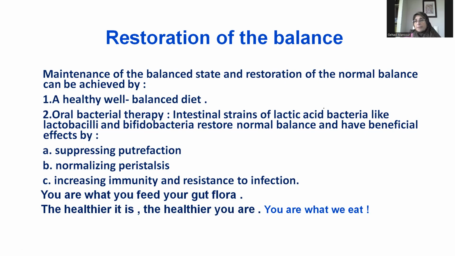Lactic acid bacteria are present in certain foodstuff like yogurt. And therefore, we always say that yogurt is one example of healthy food because it contains lactobacilli. And lactobacilli are the lactic acid bacteria that give acidity to the milk of yogurt and convert milk into yogurt.